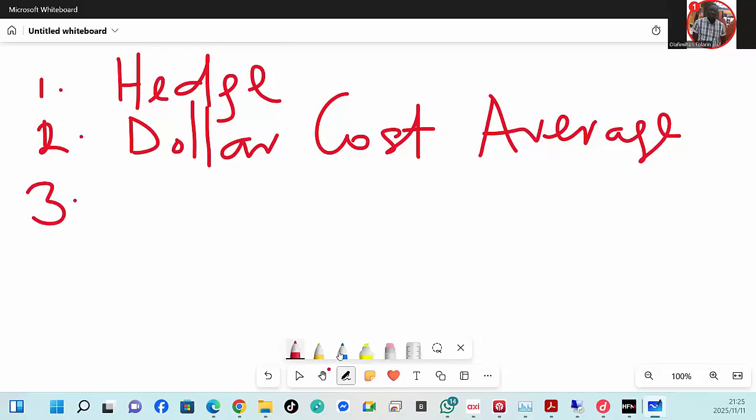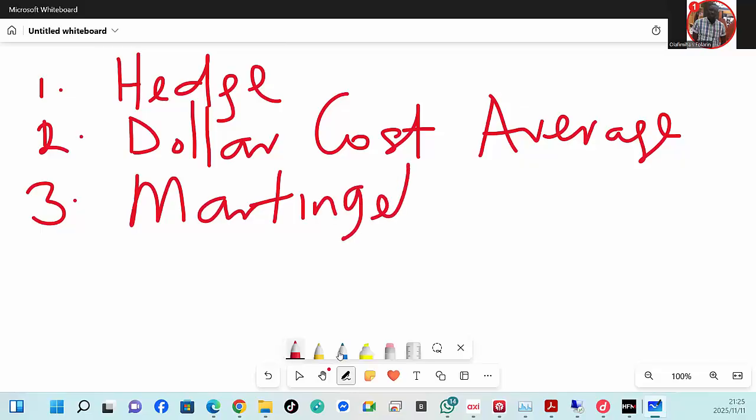Three, we martingale. Four, we learn to trim.